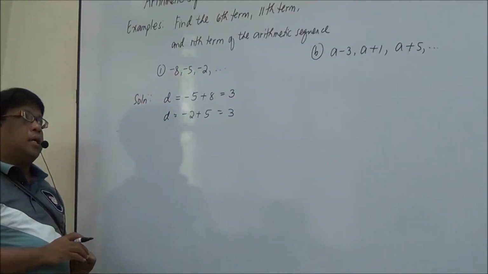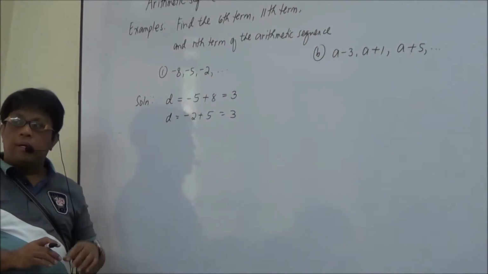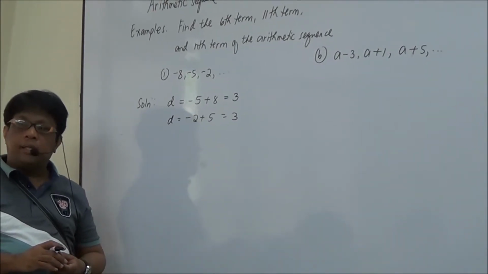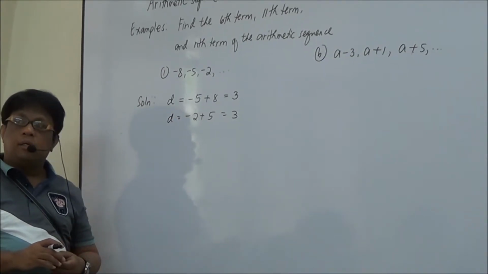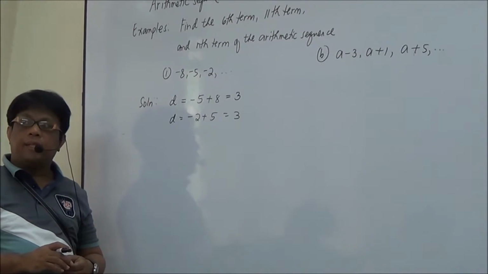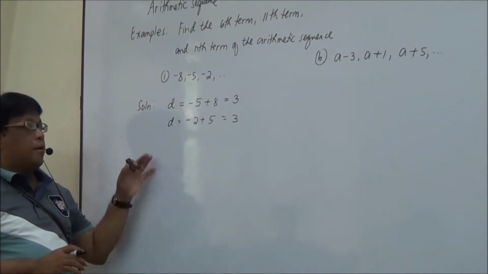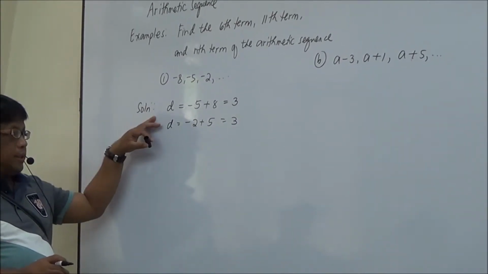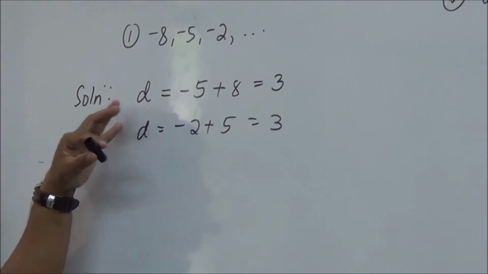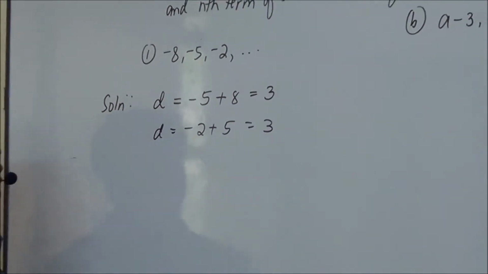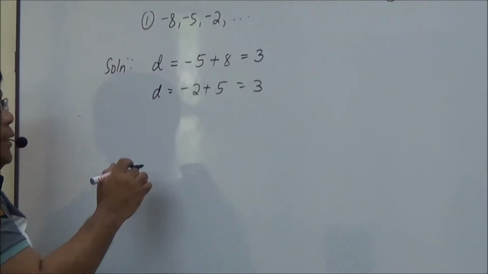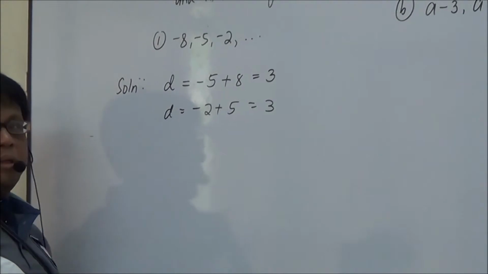You should take 2 pairs of successive terms in the given sequence, meaning take 2 differences of 2 successive terms. As you can see, we have the same value for the difference of the terms in the sequence.